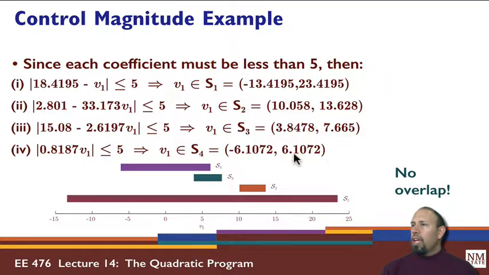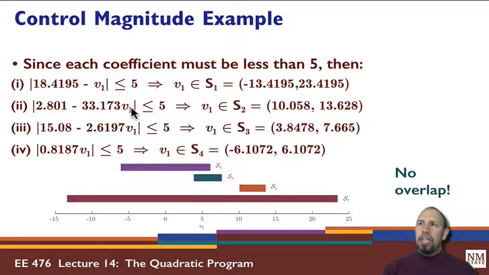If we were to graph those four inequalities, this one is S1, this is S2, S3, and S4, and we notice that S2 and S3 do not overlap, and S2 and S4 do not overlap. Therefore, there is no value of v1 that satisfies all 4 inequalities. If I get a v1 that satisfies these 3 inequalities, this inequality will not be satisfied. So we will not have a control magnitude less than 5. What this tells us is our problem is infeasible. No overlap, the problem is infeasible.